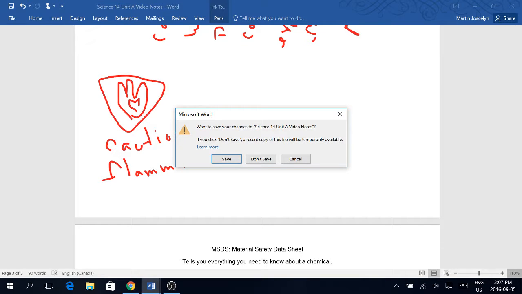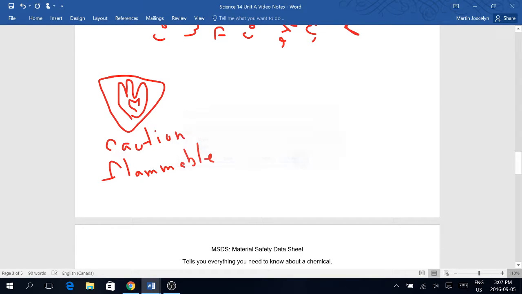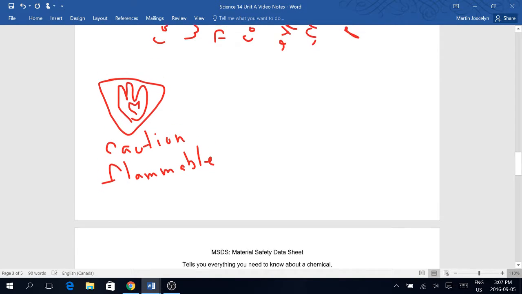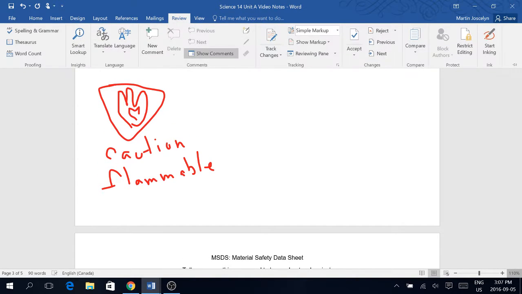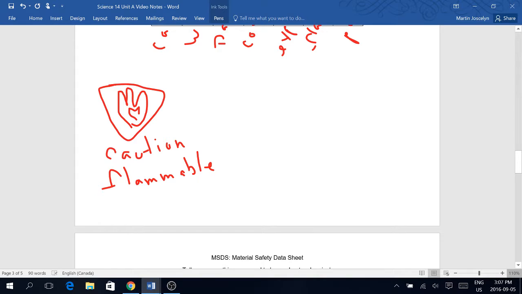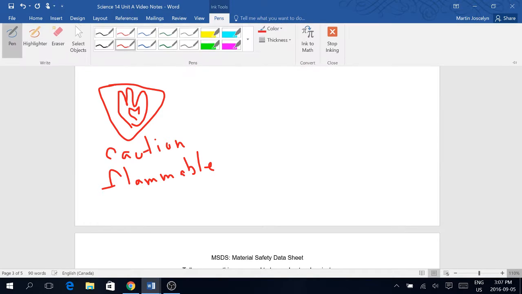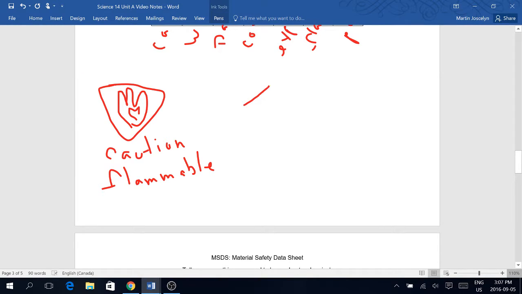I could also do the diamond shaped one, which means warning, and explosive.